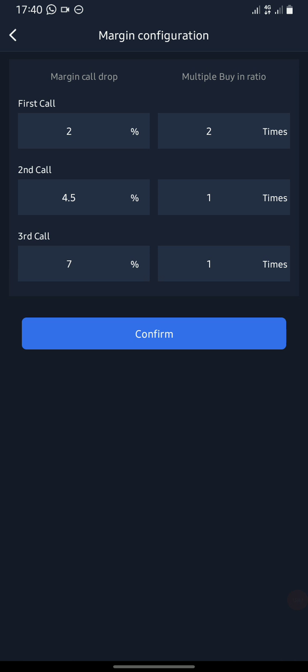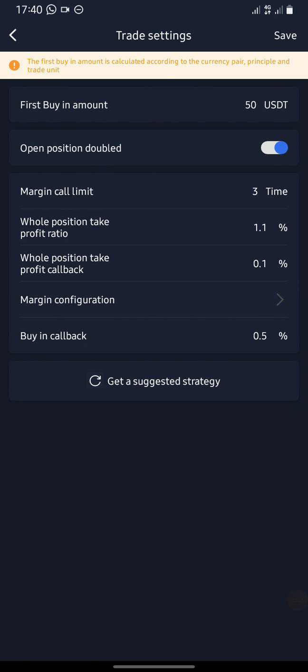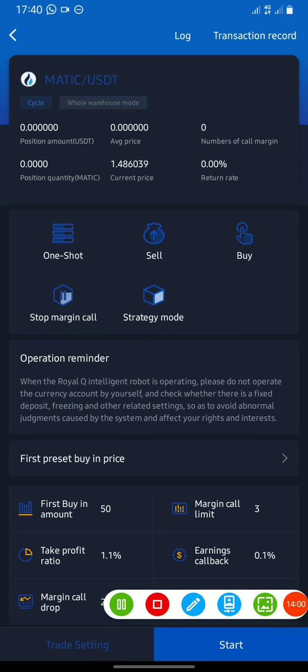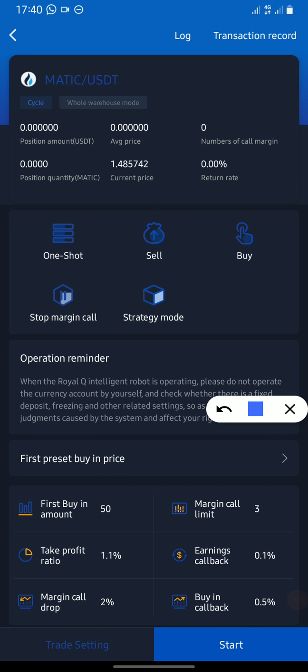All right, let's say for example, let's go back to the home page now. From here now, if I buy Matic at this current price and I buy $100 worth, remember we open position double.